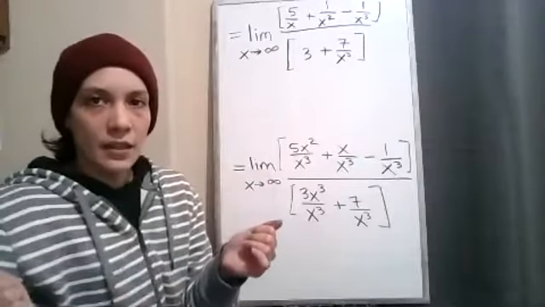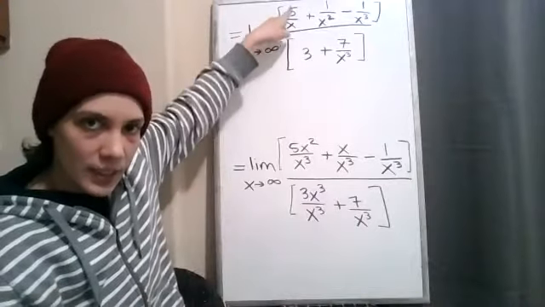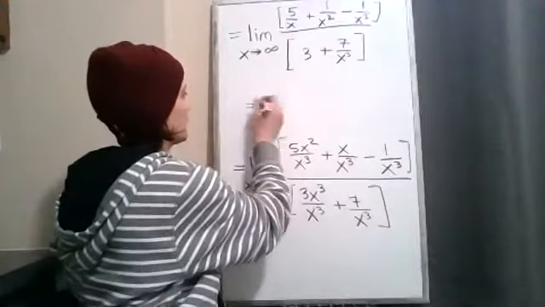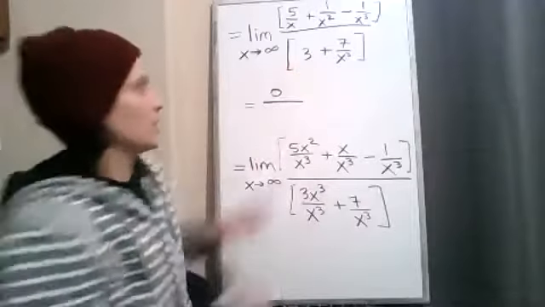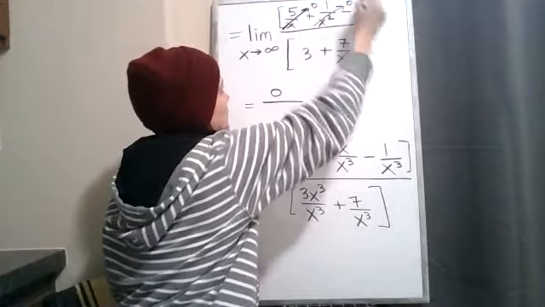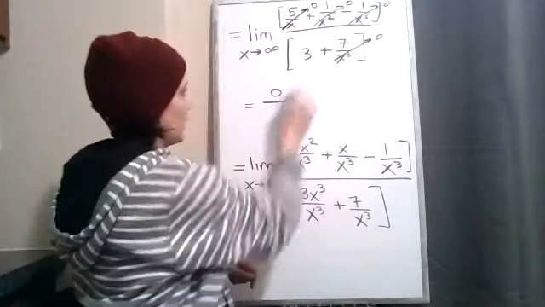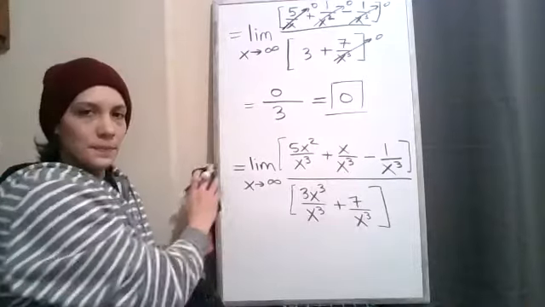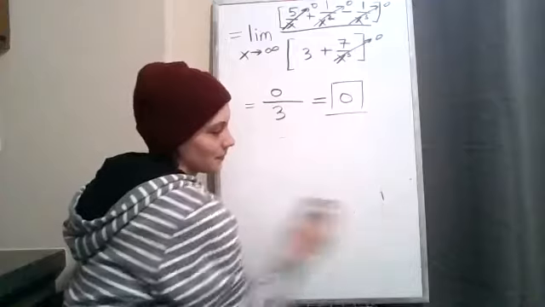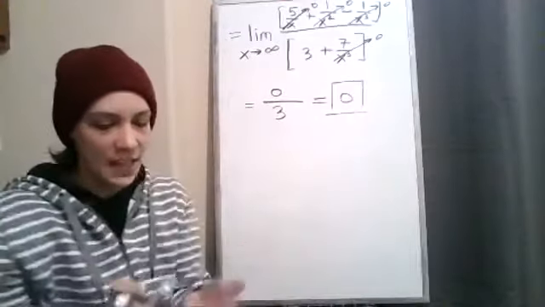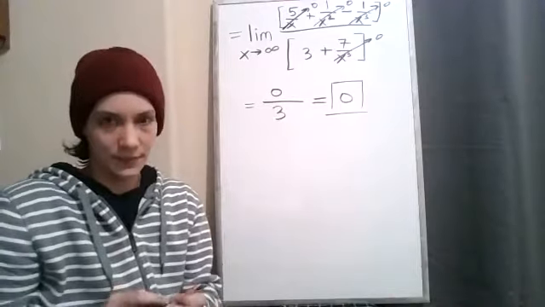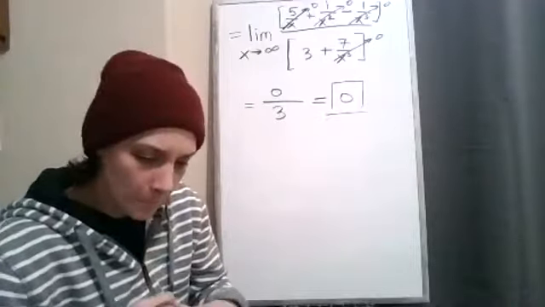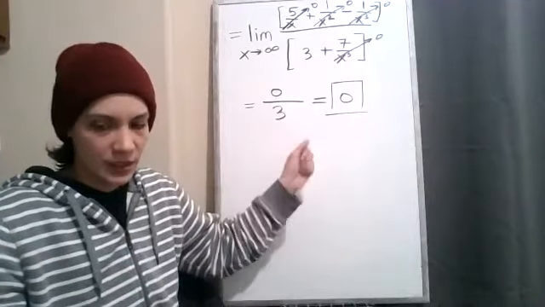Clear? Yeah. This has a limit of 0, this has a limit of 0. We've got 0 in the numerator. This is also going to 0. And this is a 3, but you still get 0. I have another note: by the way, that function has a horizontal asymptote at y equals 0.